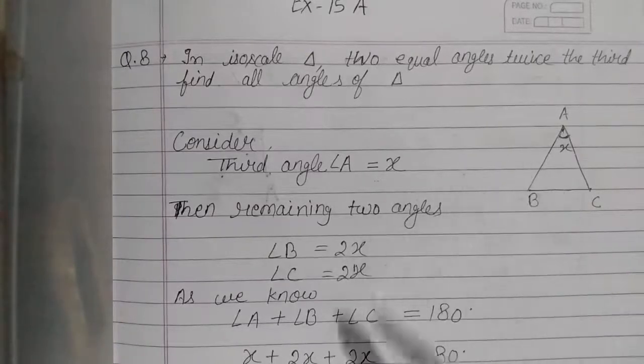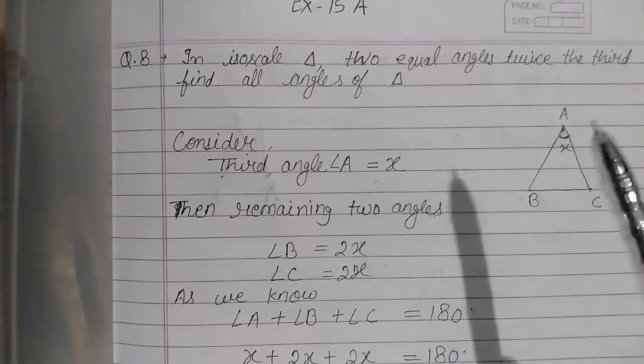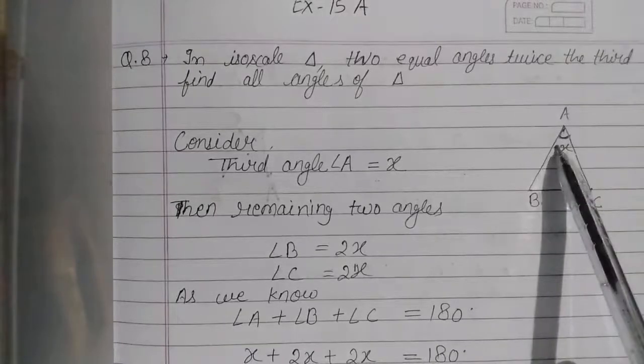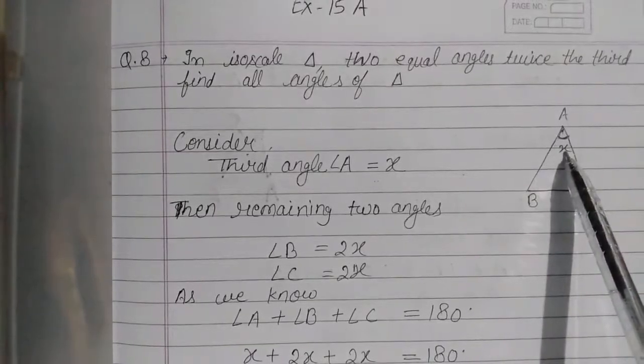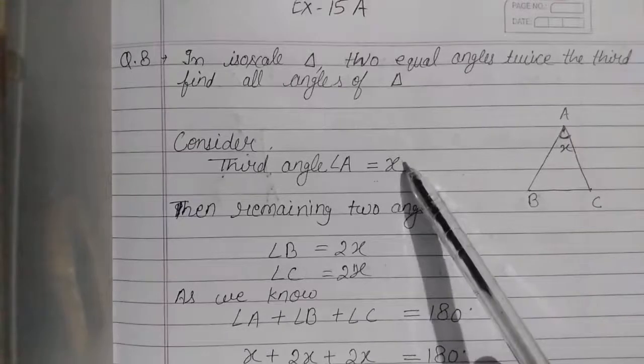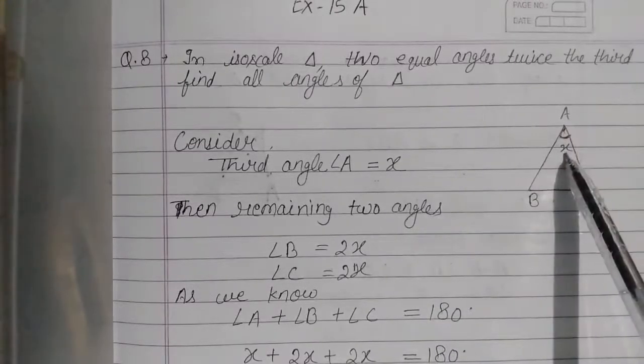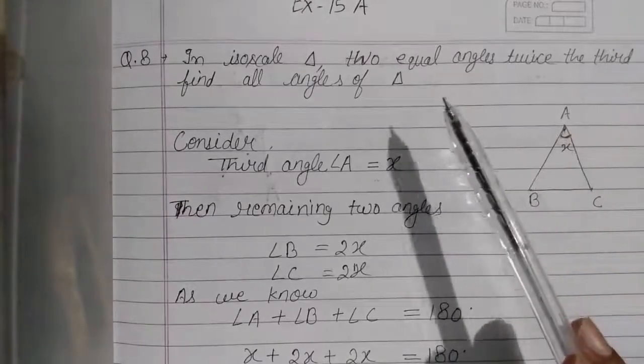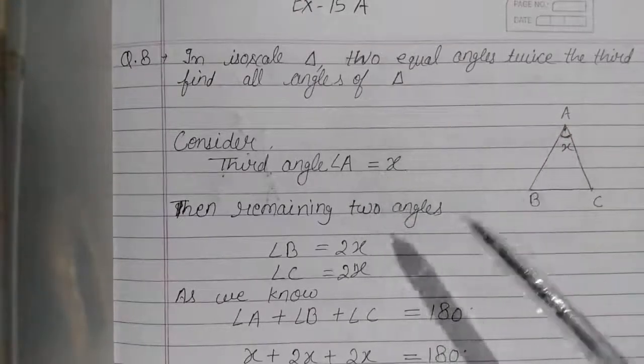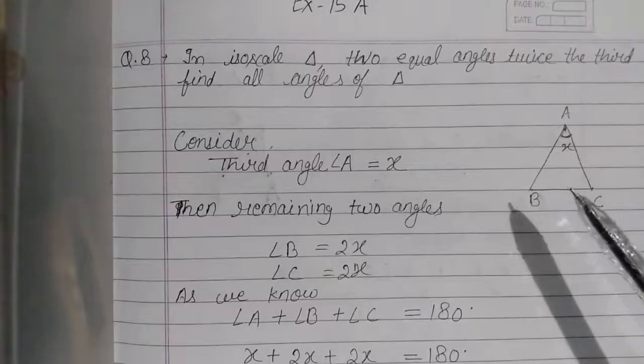For this question I am considering the third angle, angle A, to be equal to x. You can consider anything. I am considering a variable x, and since this is an isosceles triangle, the remaining two angles will be equal.